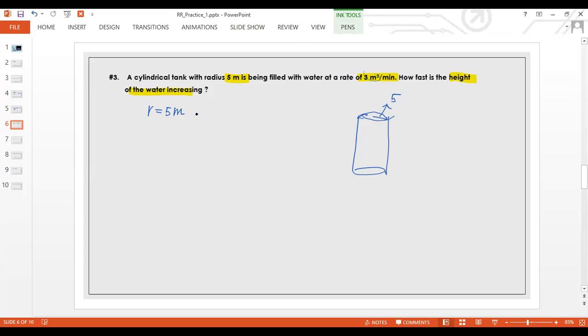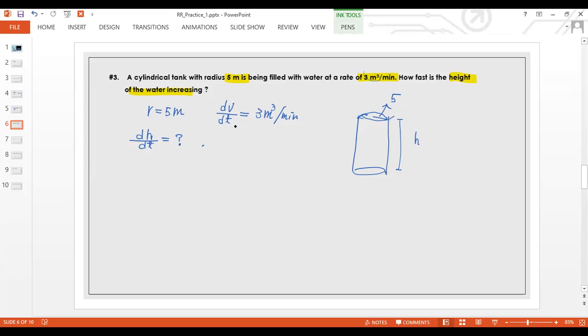Because it's a meter cube, I know this is talking about volume. So dV/dt, how fast the volume changes, is 3 meters cube per minute. Now we want to find how fast the height is changing. This is the height, so what we are looking for is dh/dt.